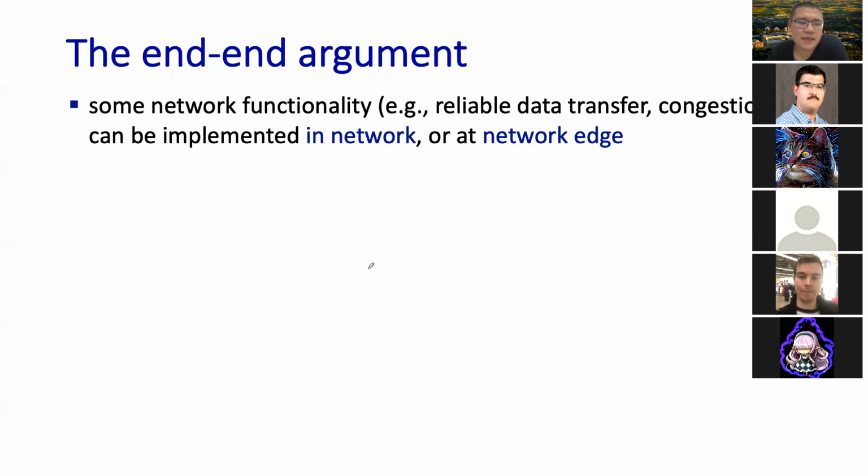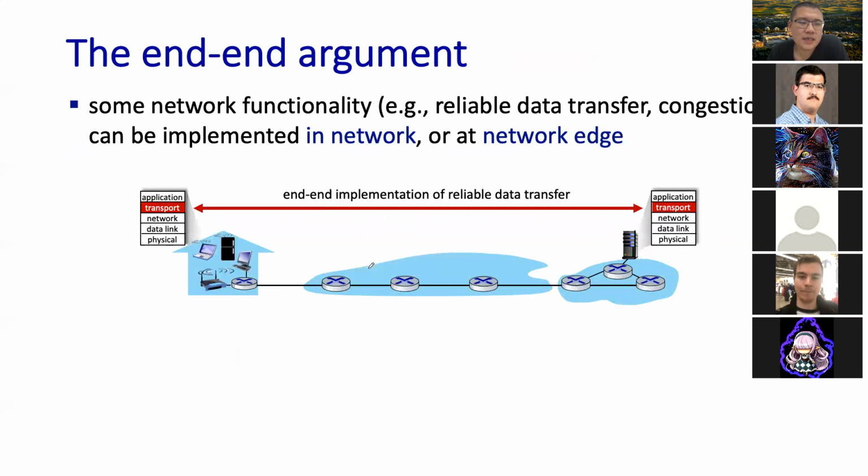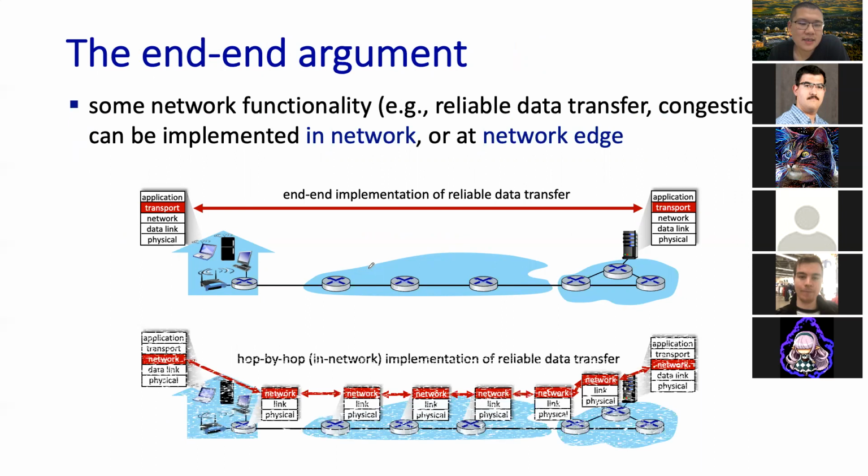And here is another argument: some network functionality like reliable data transfer and congestion control can be implemented in the network or at the network edge. So what does this mean? This means that some functionality can be implemented end-to-end or in the network.